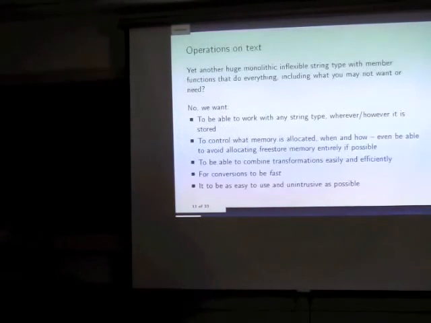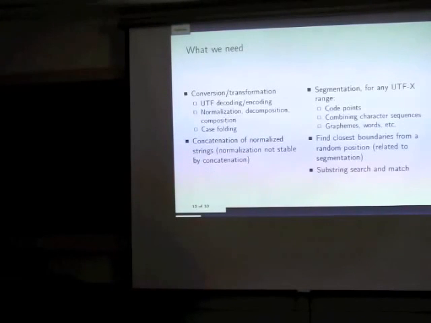So what we really need for Unicode, I think, is that there are basically two categories of things that we're going to do with text. We're going to want to convert text: transform it, transcode it between character sets, do normalization, transform case, and segmentation.